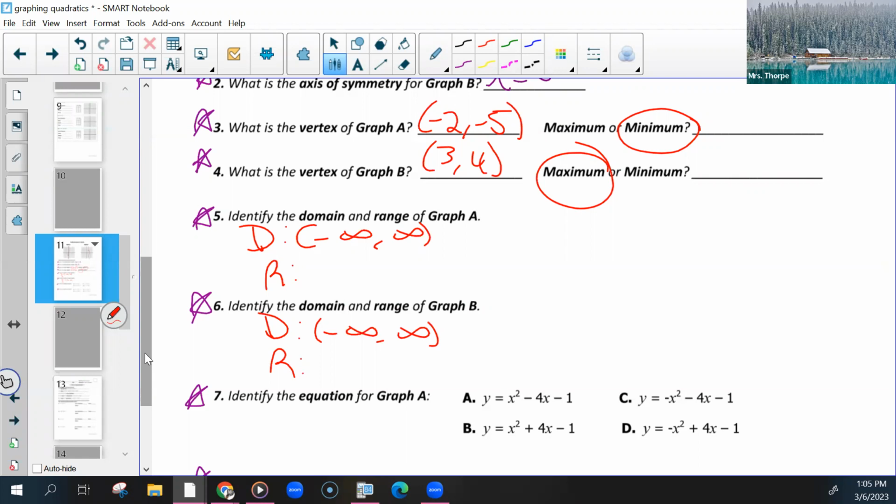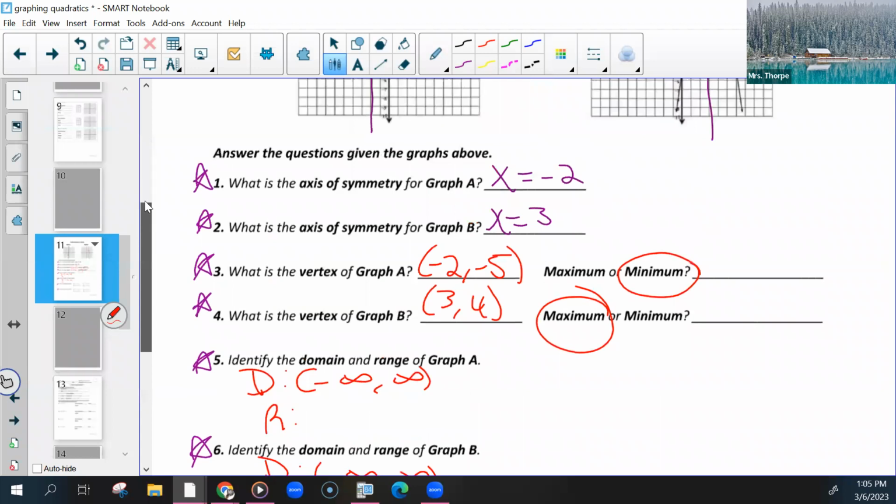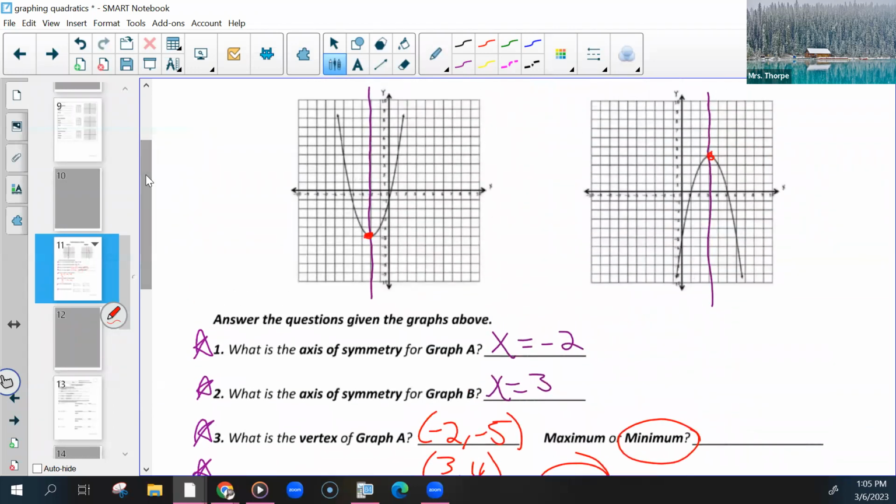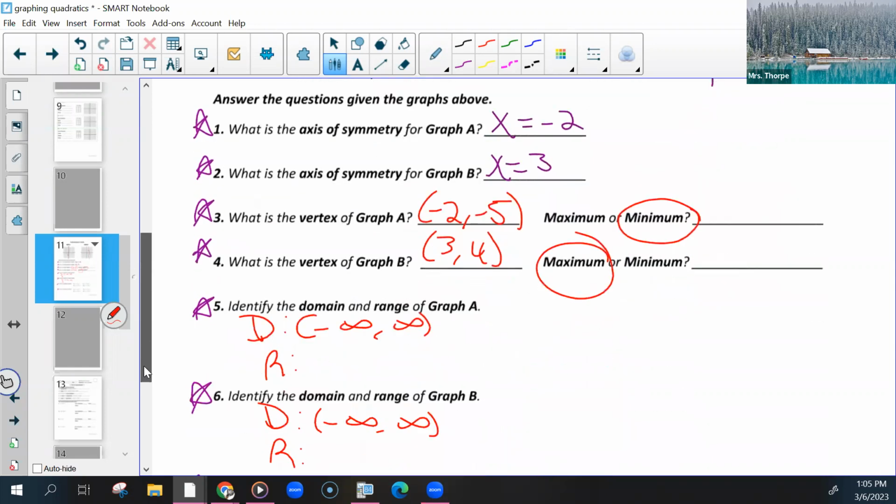Then we can look at our range, lowest and highest points of graph A. Graph A, the lowest point would be -5, and it would just go up to positive infinity.